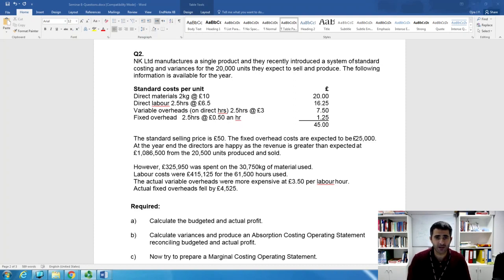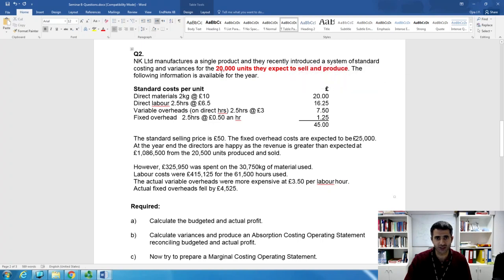Manufacturer NK Limited manufactures a single product, and they recently introduced a system of standard costing and variances for the 20,000 units they expect to sell and produce. So, 20,000 units is the budgeted units, and as you see, sales and production are equal.